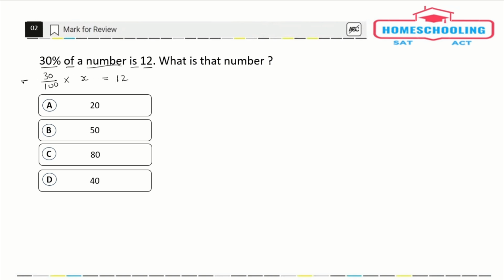So we can write this as x is equal to 12 into 10 divided by 3. So 4 times, hence the number x is 4 into 10, that would be 40. So our option D would be the correct answer.